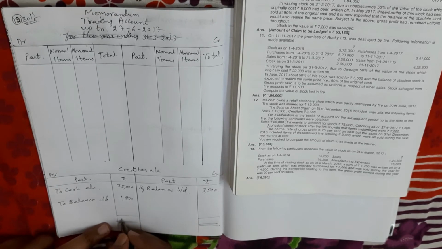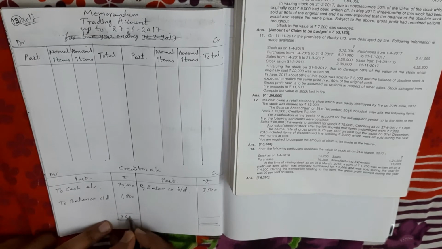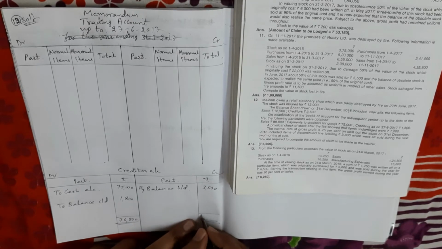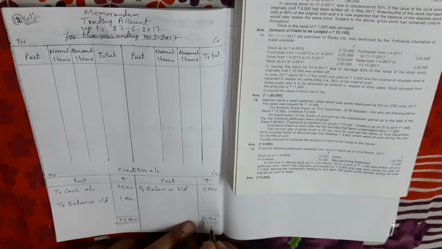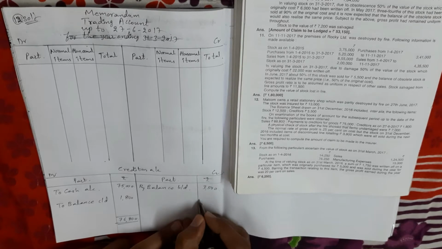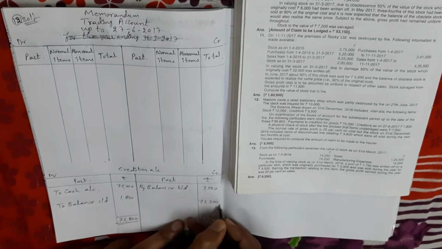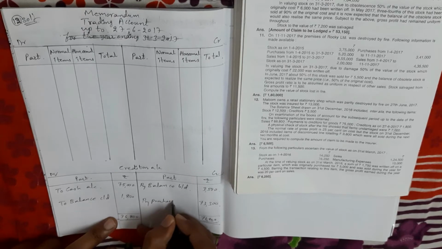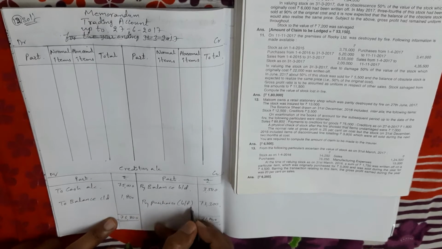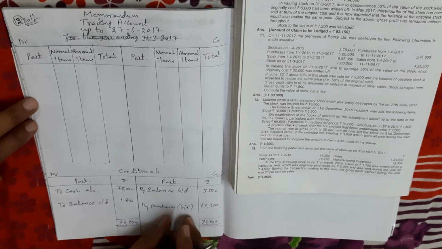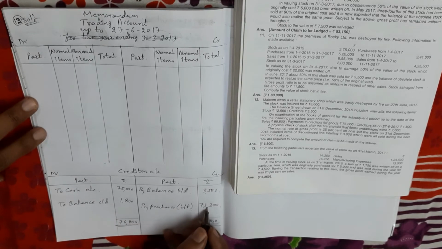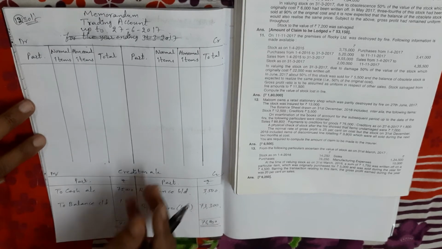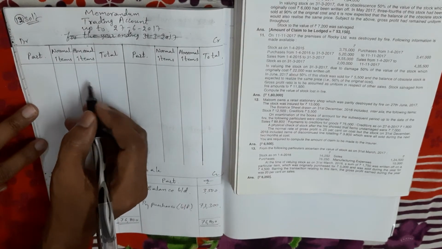So here debit side is more. Total 76,800 minus 3,500, so here I am getting the balance of 73,300 rupees. This is the purchase amount during the current year up to the date of fire accident. Now post all the items in the memorandum trading account.